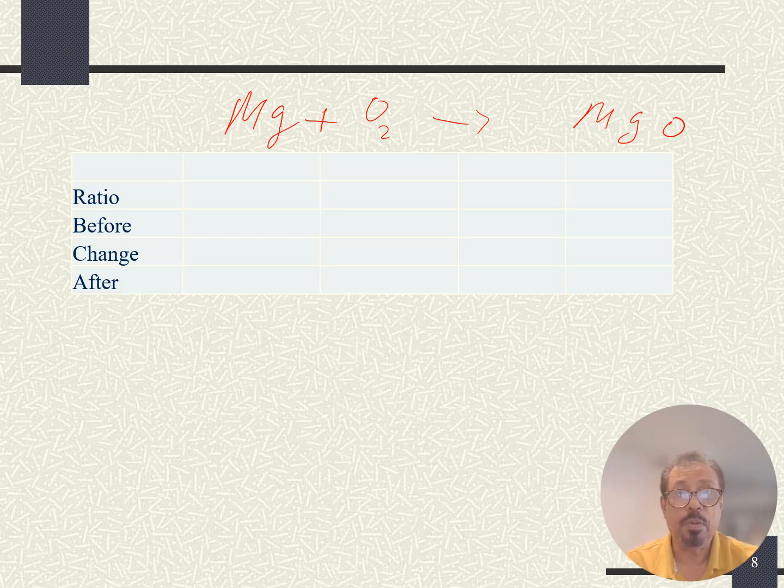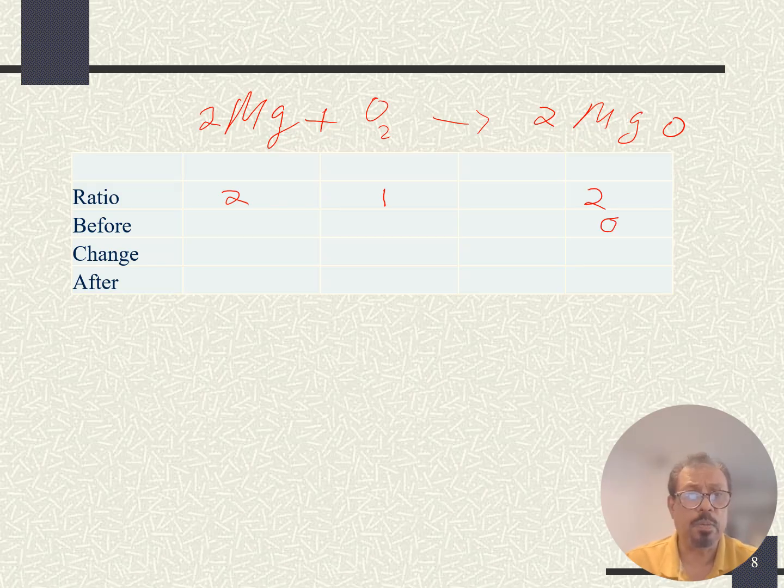You have two oxygen here, and then you have two magnesium. Then the ratio here will be 2 to 1 to 2. Of course, before we start any reaction, the product will be 0. We don't have any product.